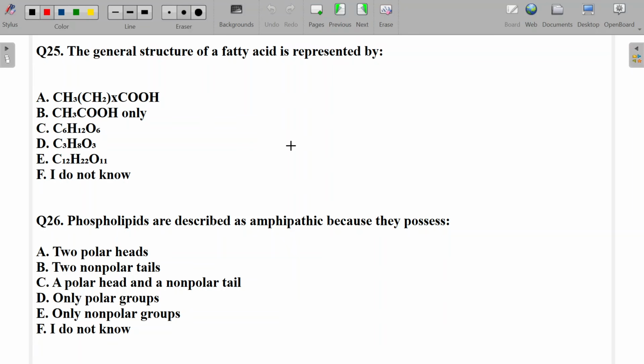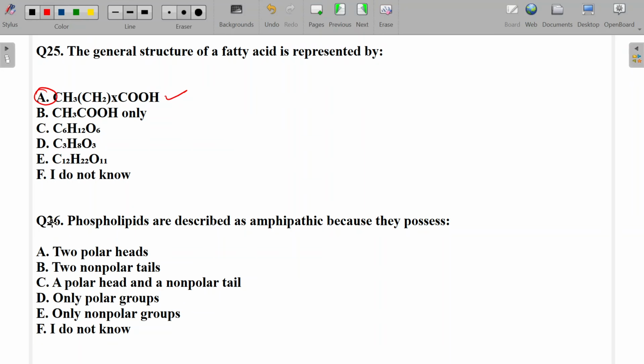Anyone? So that we move so fast. Okay, so the best answer is A. Yes, A is the best answer, because from here, if you multiply with a certain number, it's going to give you a certain number of a particular fatty acid that you want.